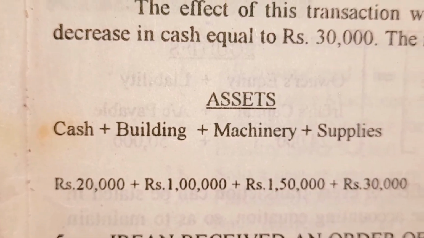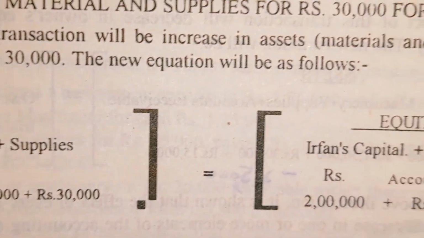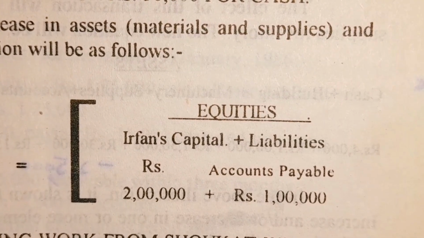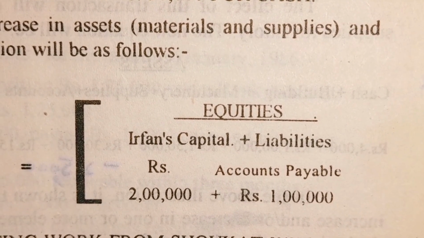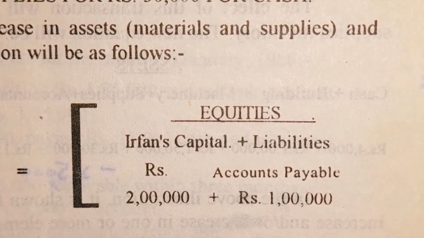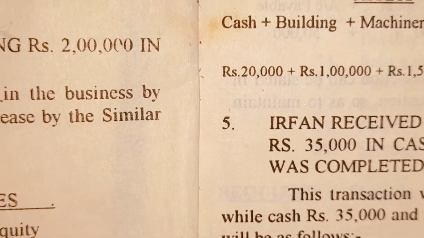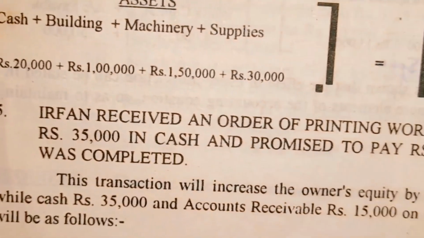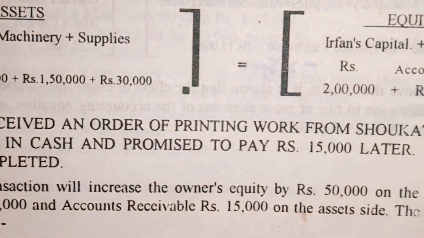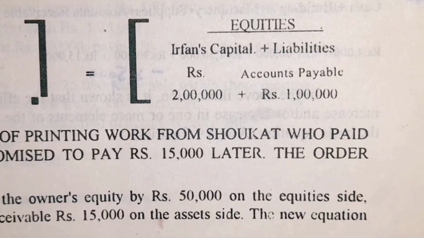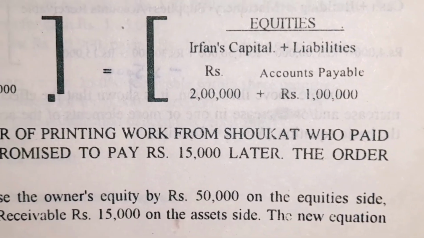Assets, cash, rupees 20,000. Building, rupees 1 lakh. Machinery, rupees 1,50,000. Supplies, rupees 30,000 is equal to equities. Irfan's capital, rupees 2 lakh plus liabilities, accounts payable, rupees 1 lakh.